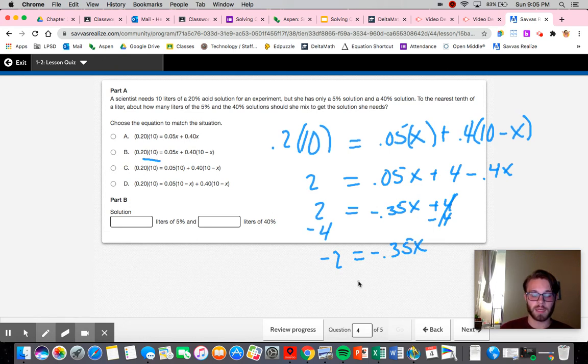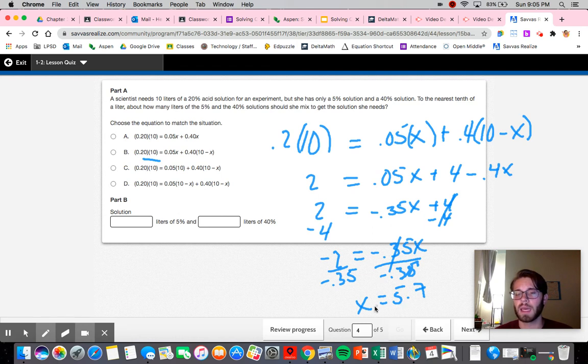So I am just quickly checking in my calculator what that number comes out to. When we divide by negative 0.35, we ultimately get that x is going to be equal to 5.7. Now it told me to round to the nearest tenth.